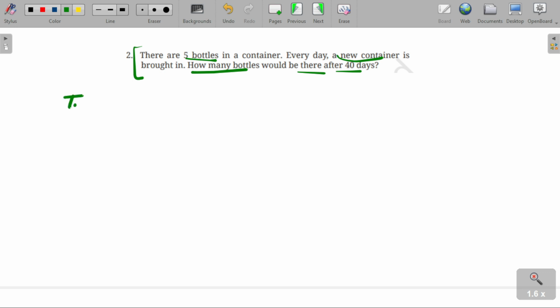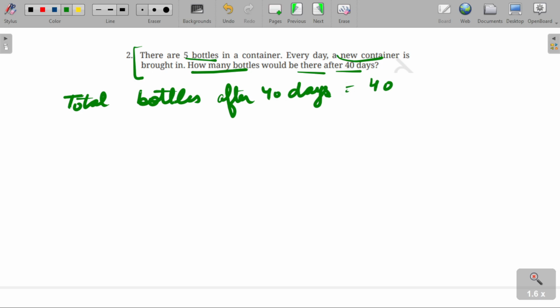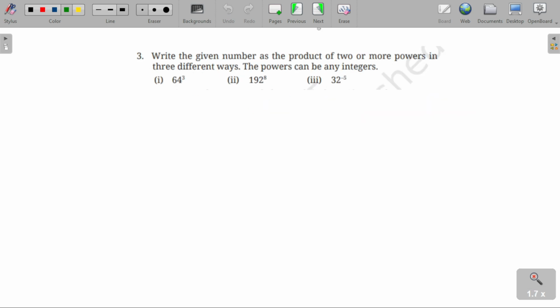So total bottles after 40 days will be 40 into 5, that means 200 bottles. That was very easy. So this is the answer, 200 bottles. I hope this is clear to you.